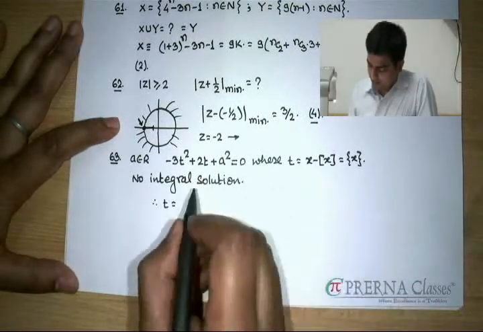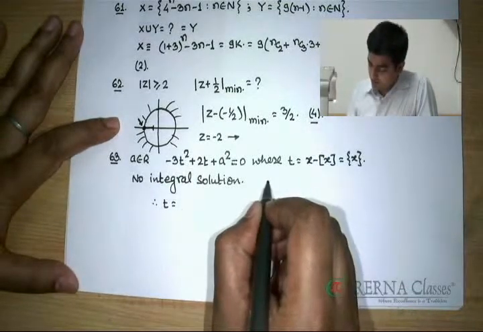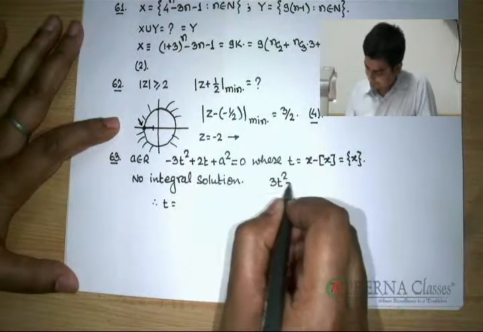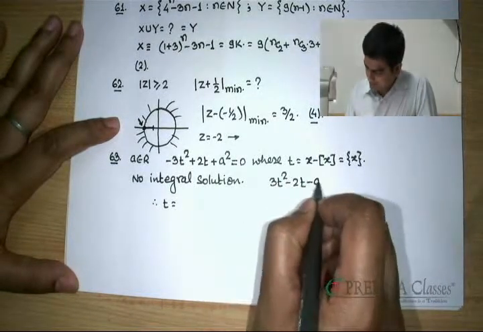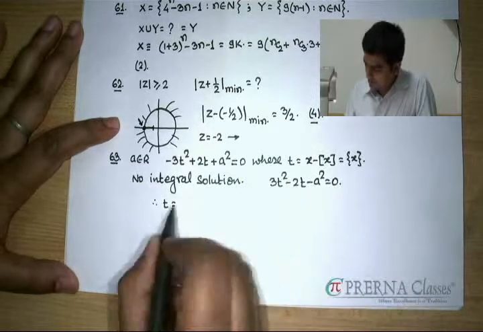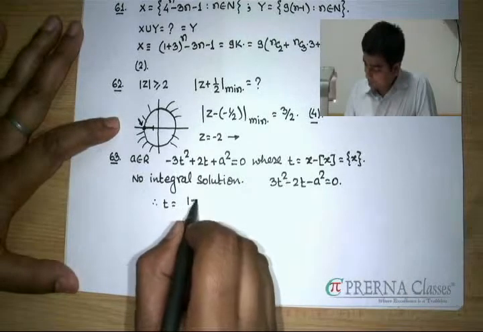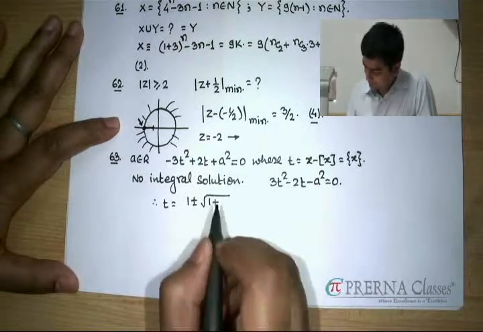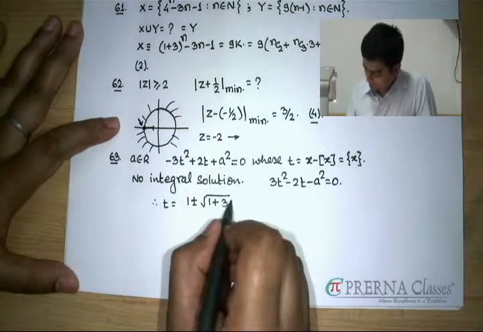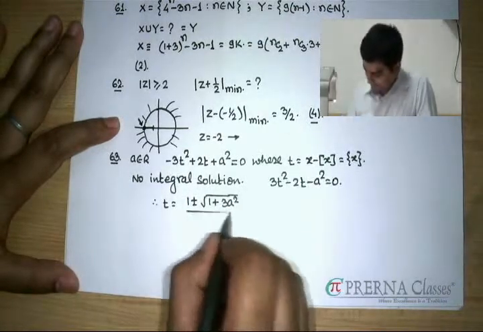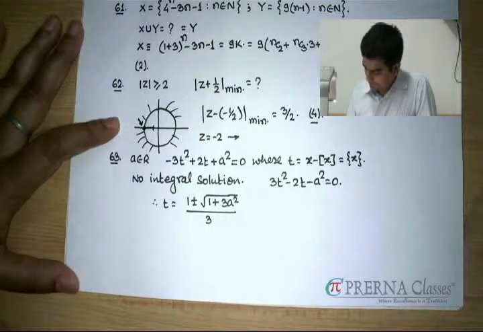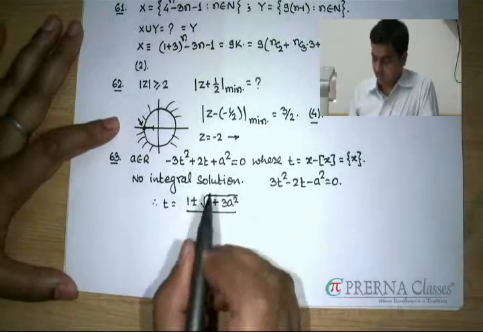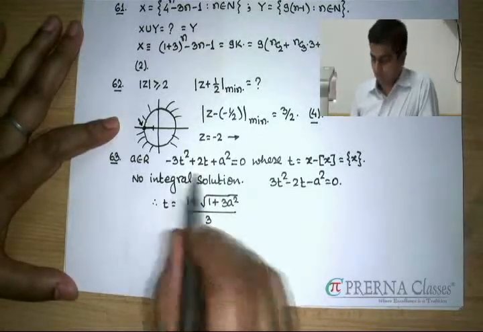For that case, if I consider roots of that quadratic, and if I treat that quadratic in this way, first of all, you should be getting these two values of t.